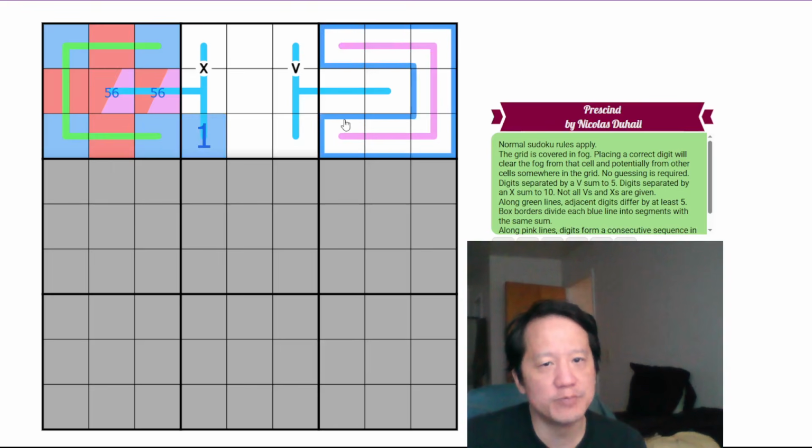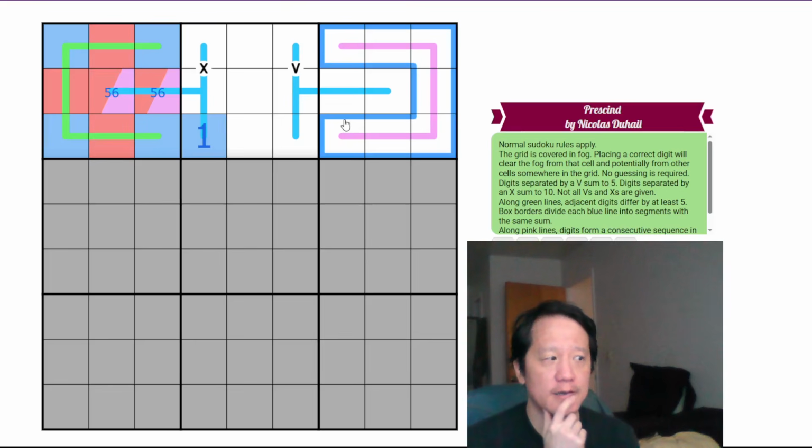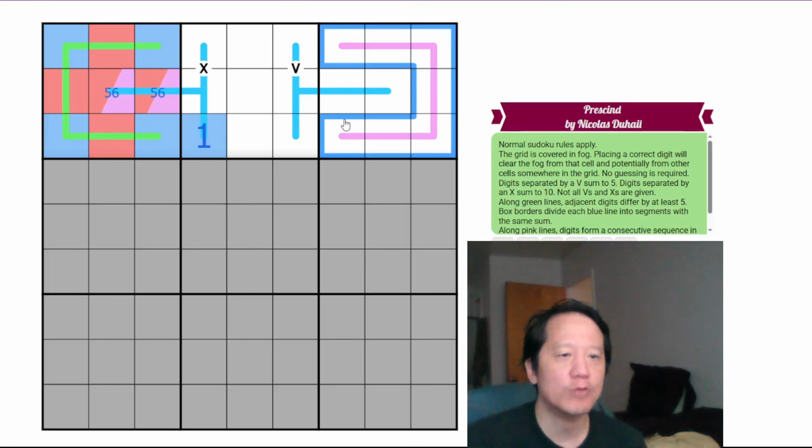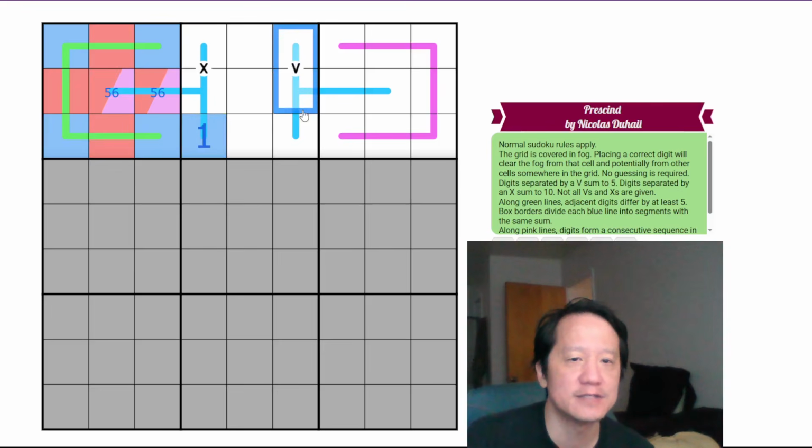This is a Renban line, which means it's 7 digits consecutive. So it has to be 1 through 7, 2 through 8, or 3 through 9. Well, if we had this be 3 through 9, this has to add up to 5, and it cannot have a 1 in it.